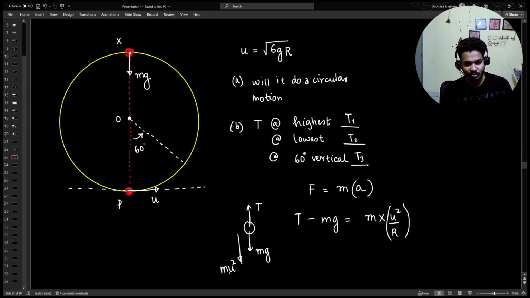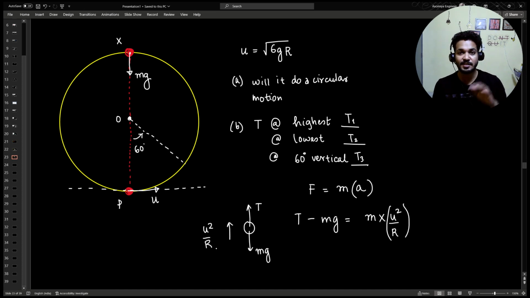Now this is what mu square by r will be, a force acting downwards from the perspective of a non-inertial frame, which would be the ball at the bottom, with you standing on top of the ball. But that's not what we are doing. We were using our simple second law, saying tension minus mg is equal to mass times acceleration. You have to understand the difference between the two. Centripetal force is not a force of its own. Any of the other forces like tension, mg, electrostatic force, any other force could act as a centripetal force, right?